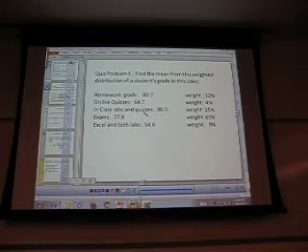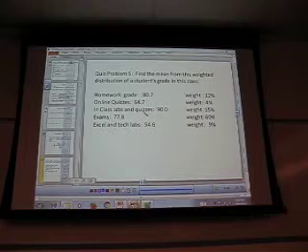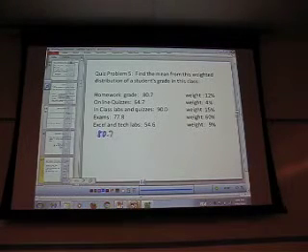Did people need another minute to finish this one, or are they okay with this? Good? All right, so 80.7 had a weight of 12%.